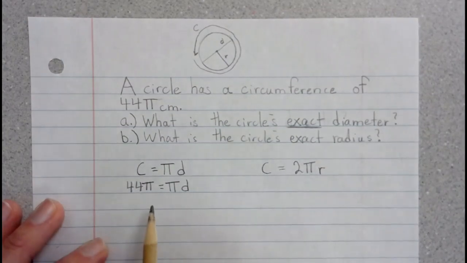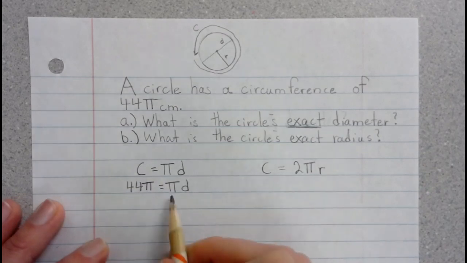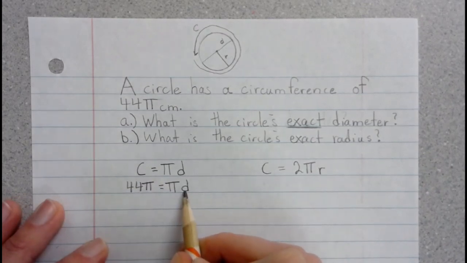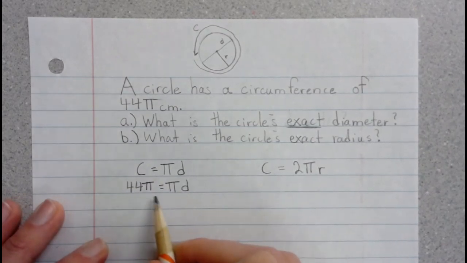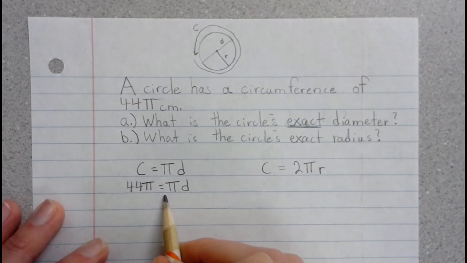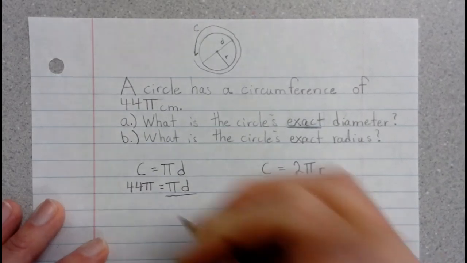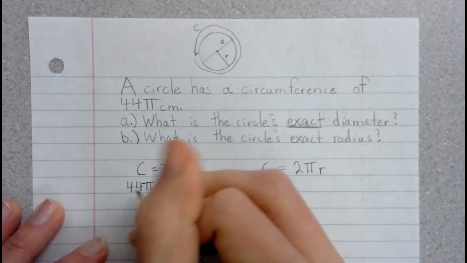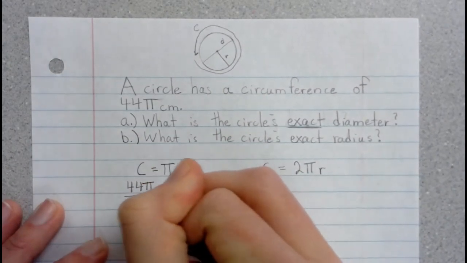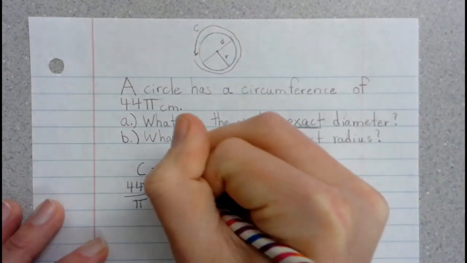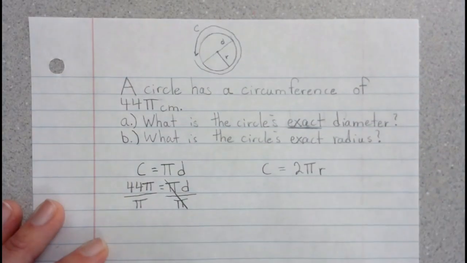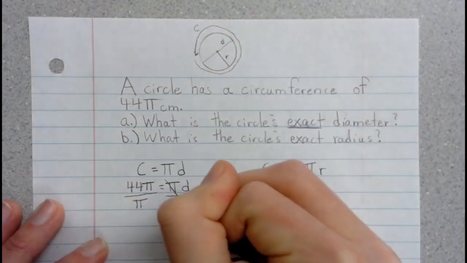Over here, pi divided by pi, that's 1. And 44 divided by 2, well, that's just 22. So we get 22 equals R, or radius equals 22 centimeters.